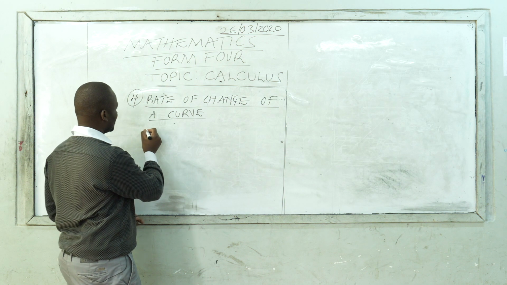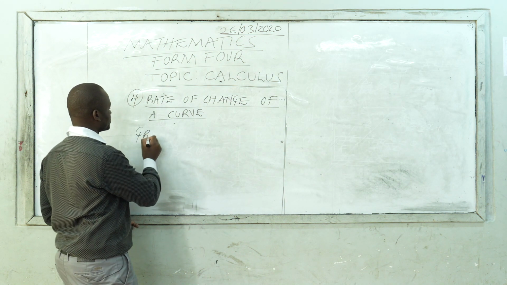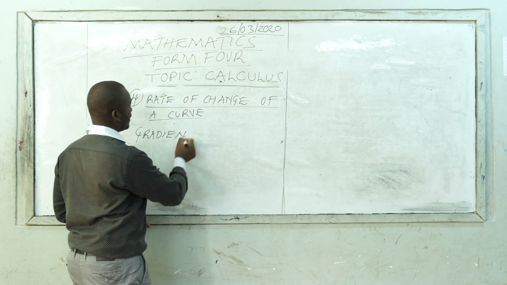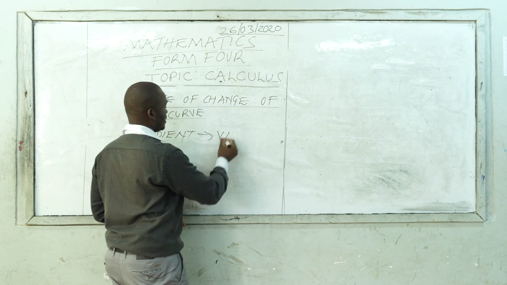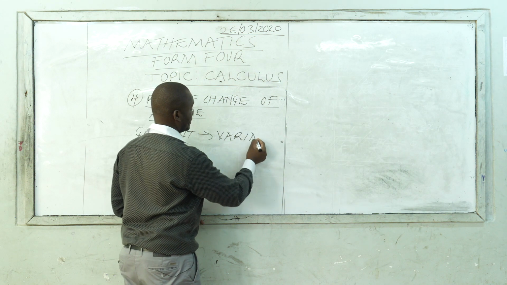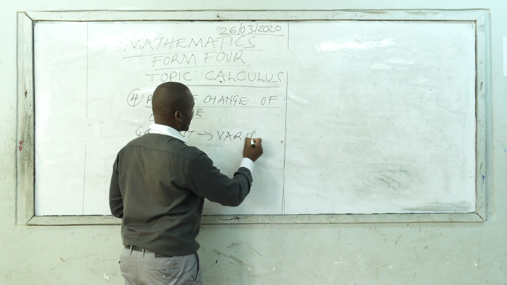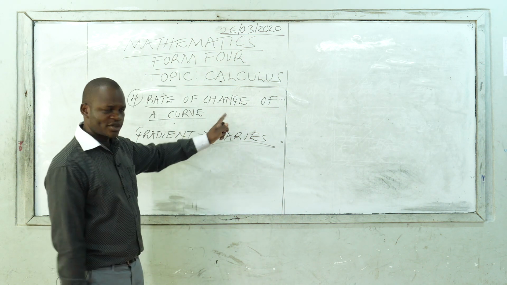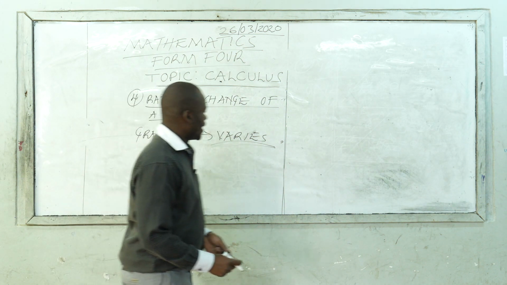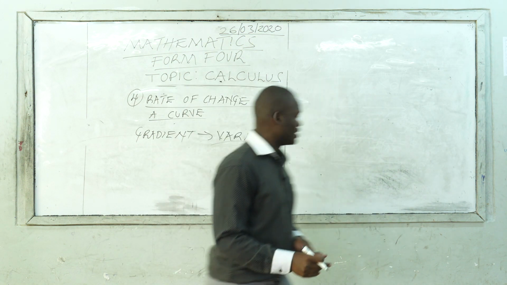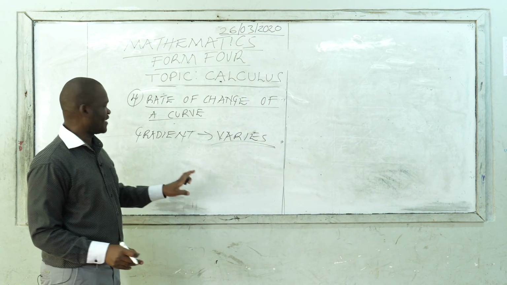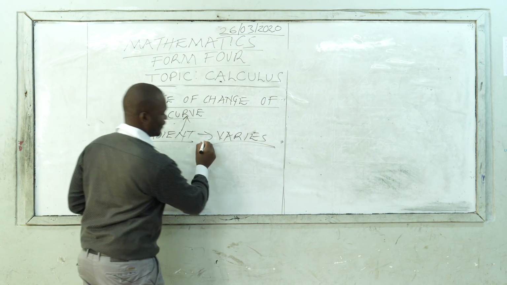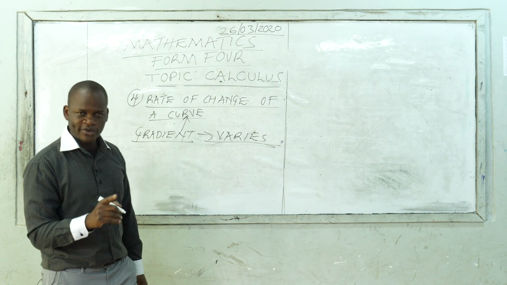So the gradient of a curve varies. It's not a constant. So the issue is, if at all it varies, how is the variation like? The gradient of a curve varies from one point to another.